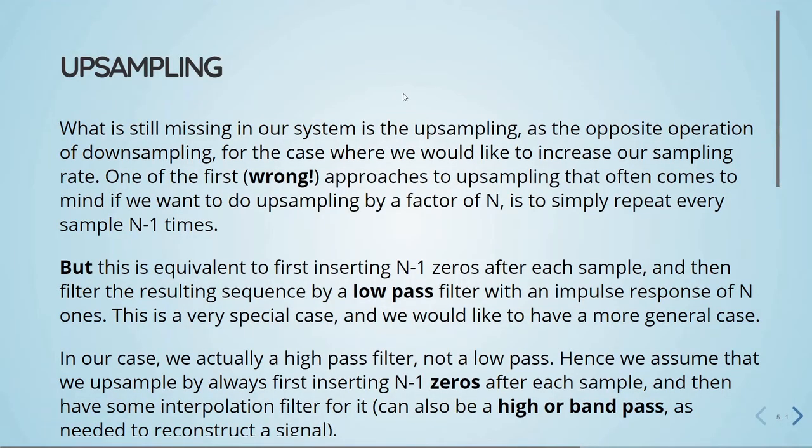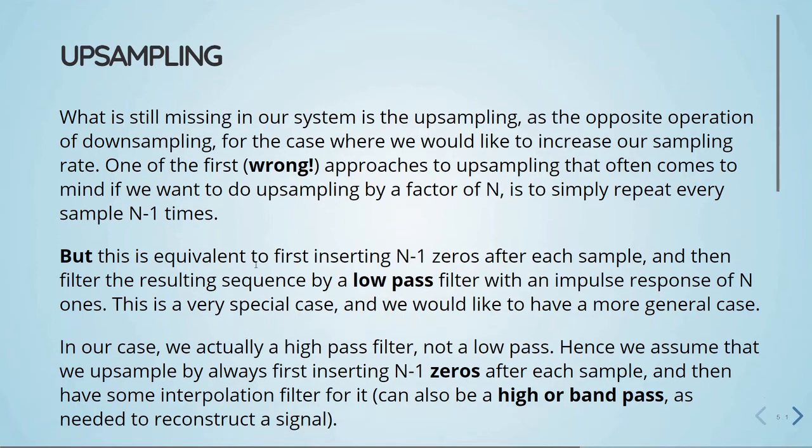We've seen downsampling, and now it's time to take a look at upsampling. This is still what's missing in our system. Upsampling is the opposite operation of downsampling, and it's the case where we would like to increase our sampling rate.